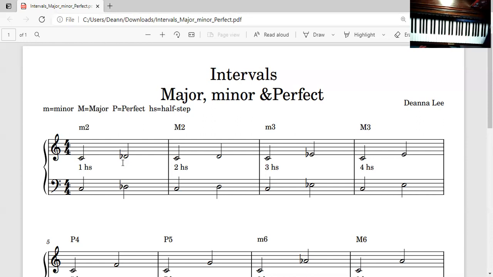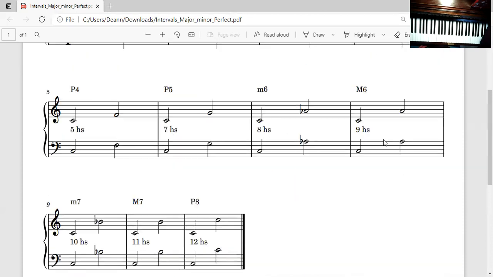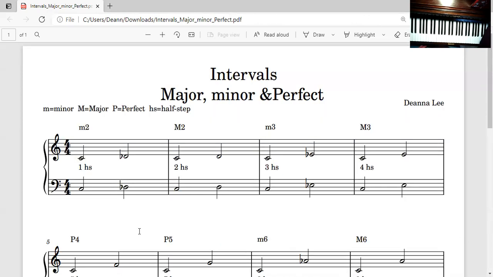Okay, so for our purposes today, seconds and thirds and sixths and sevenths can be either major or minor. So like I said before, a major second is C to D. It's two half steps.